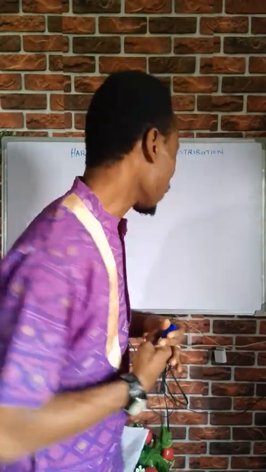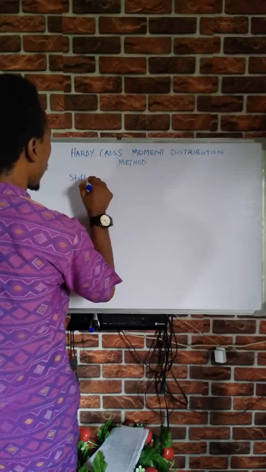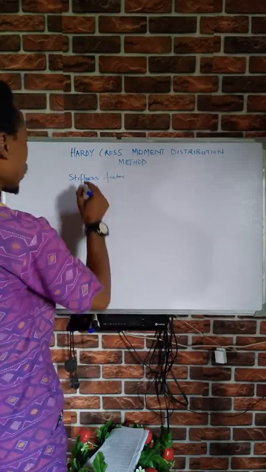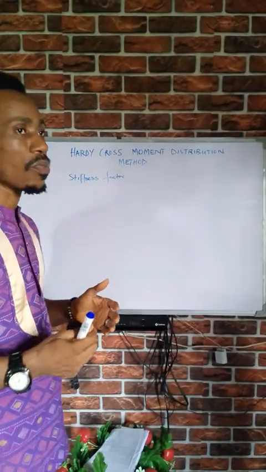So first and foremost, we look at the stiffness factor. This stiffness factor talks about the resistance of the member, that is the beam member, to resist bending.